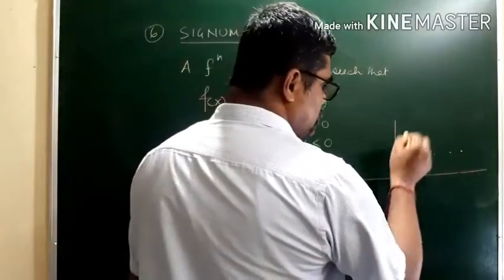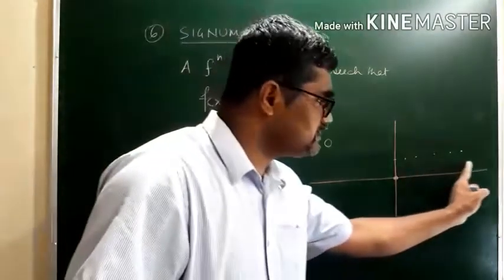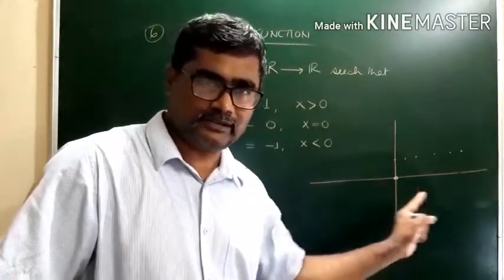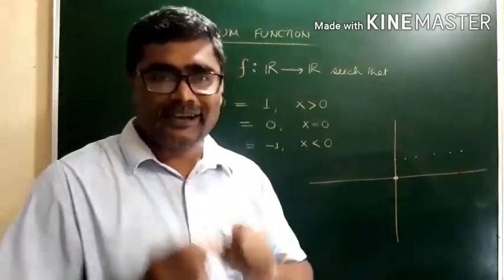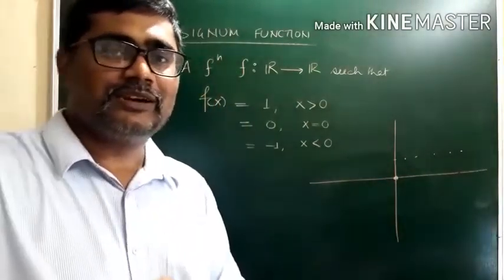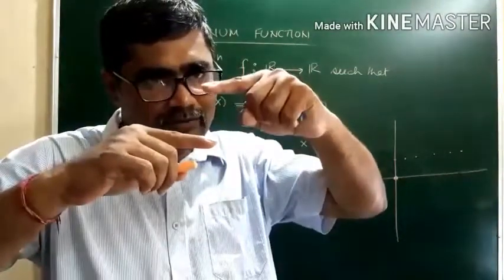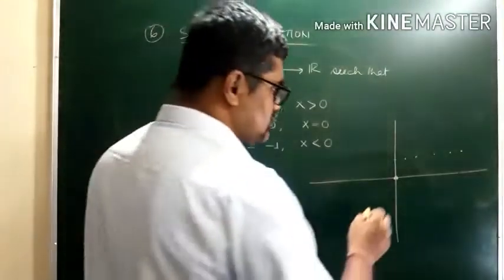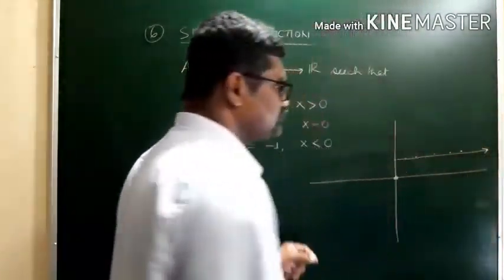If you take 0.25, 1. What does that mean? Whatever points you take to the right of 0 on the x-axis, always the y will assume value 1. Means it will be at a height of 1 unit from the x-axis. So if you join these points, it will go like this.